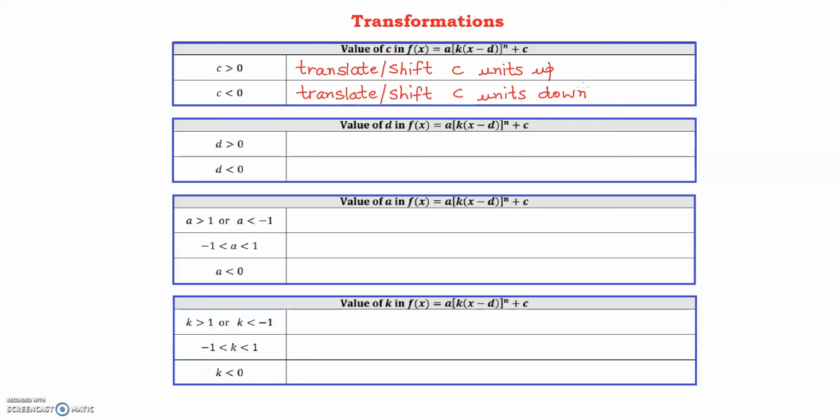For the value of d, when d is greater than 0, we can say translate or shift d units right.